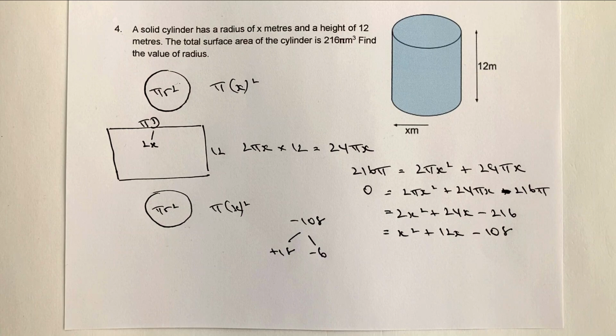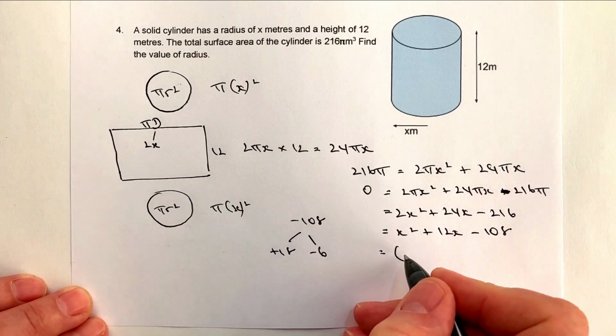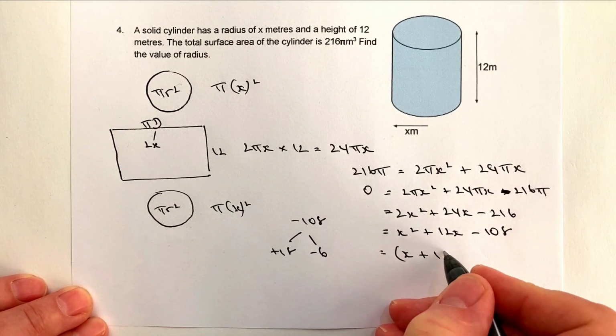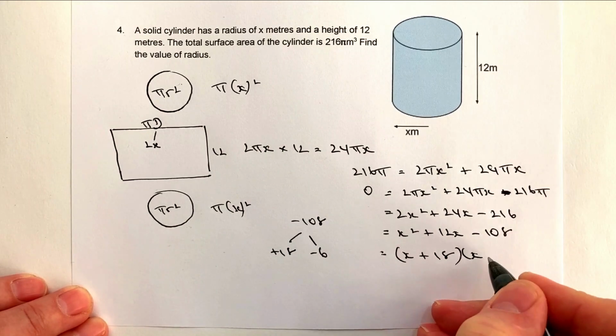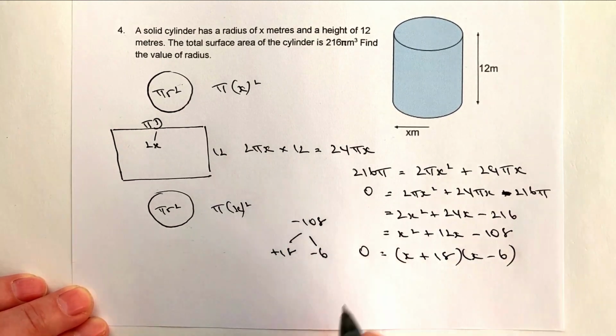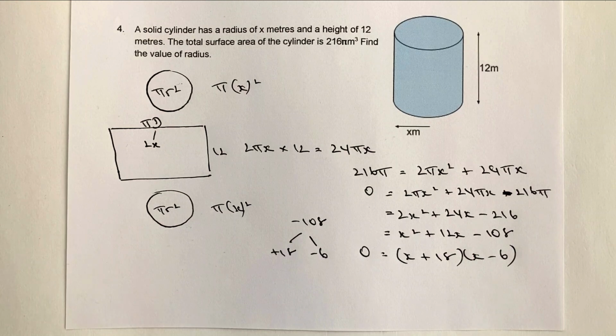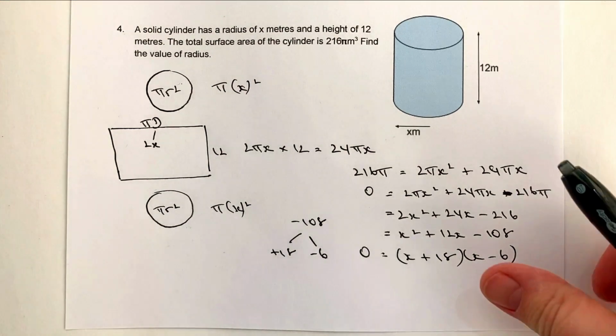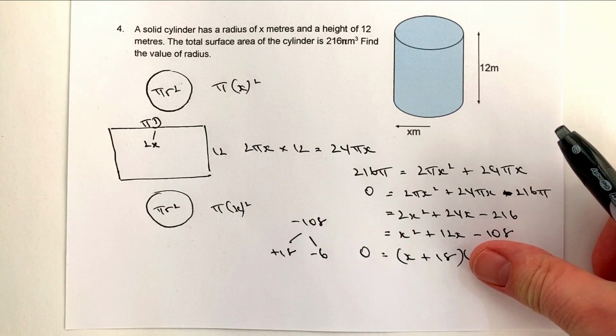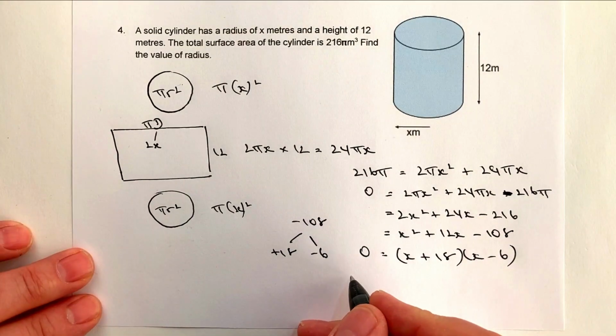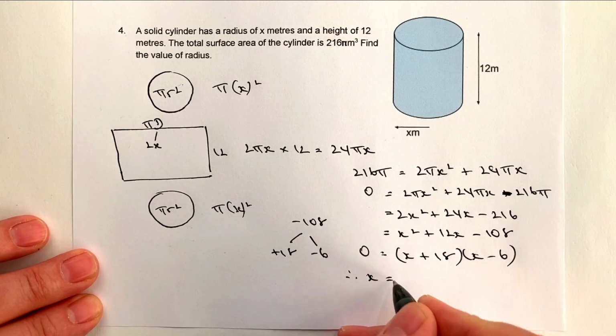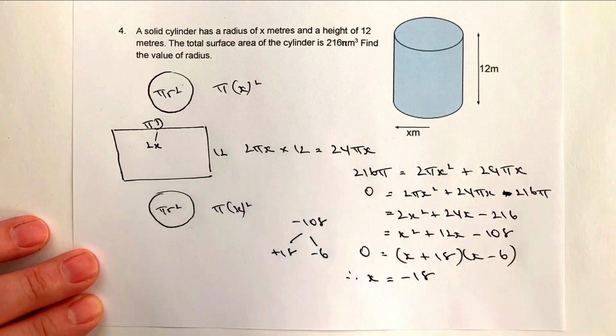So actually I can write this now as x plus 18 multiplied by x minus 6, and that equals 0. So now I've got my two values of x. Okay, one of them is where x plus 18 equals 0. So therefore x equals minus 18.